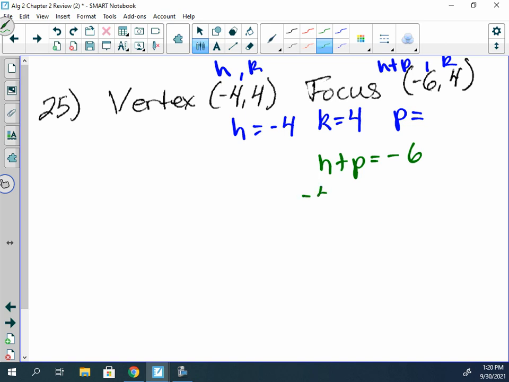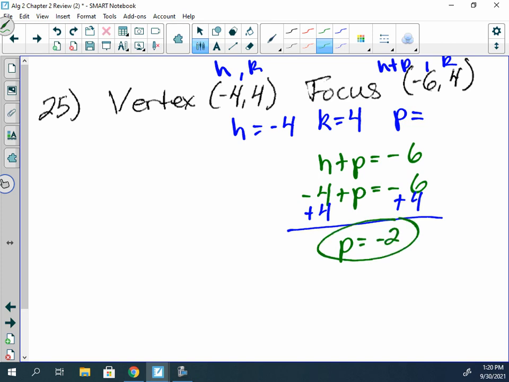H is -4. So we're saying -4 plus p is -6. If we want to do this, we would add 4 to both sides, telling me p is equal to -2.